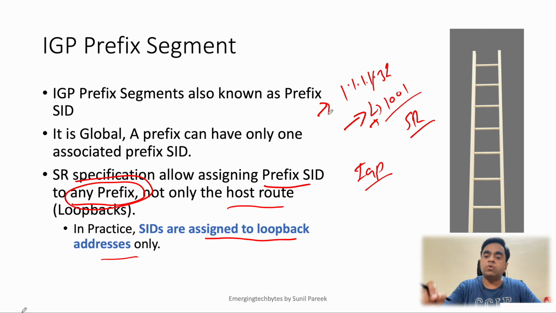You need to ensure that there is no IP address conflict in your domain, and you assign the IP addresses only once, and then it just stays forever in the network. The same goes with these prefix SIDs as well. You need to assign it only once, and then it will stay there for the lifetime of that network.